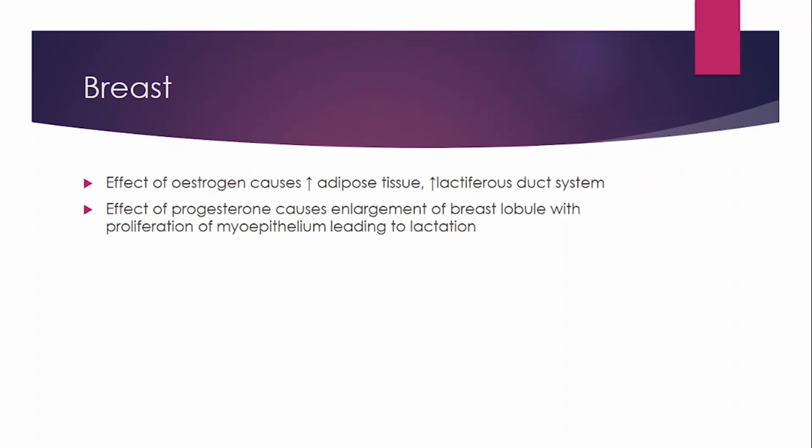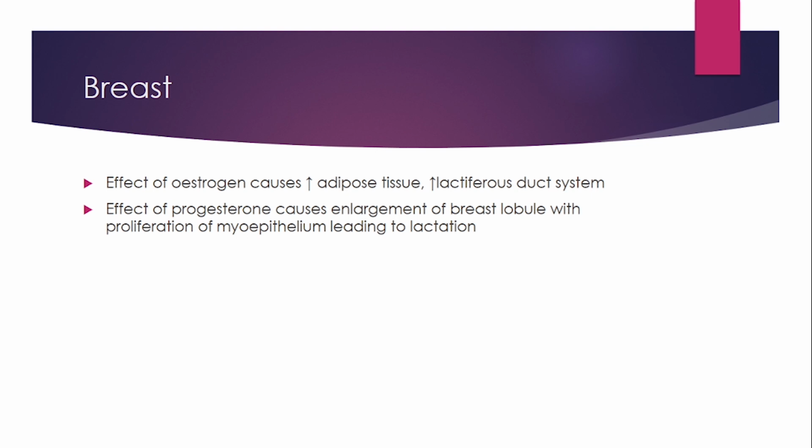In the breast, what do we have? Because of the effect of estrogen, we have an increase in the production of adipose tissue, and we have an increased lactiferous duct system, preparing the breast for lactation.